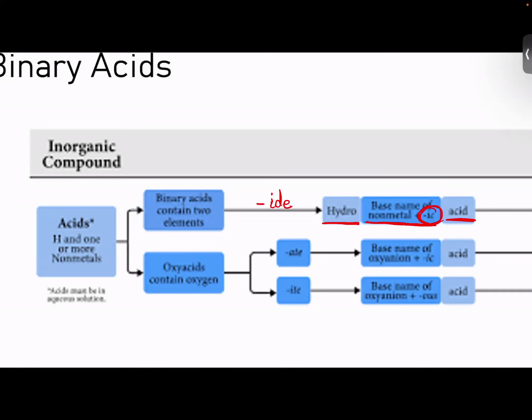SO4 2 minus is sulfate. Therefore, H2SO4 aqueous is sulfuric acid. Again, the key here is ic acid came from an ATE when we're talking about an oxyacid, whereas OUS acid came from an ITE when we're talking about an oxyacid.